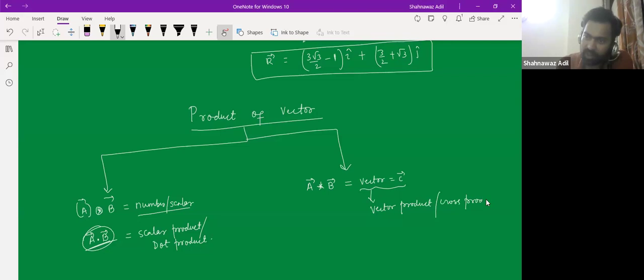We will understand these things one by one. This is represented as A cross B, and the other is represented as A dot B. So these are used in different situations.